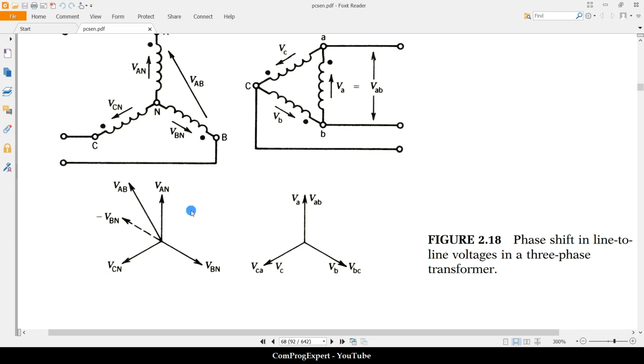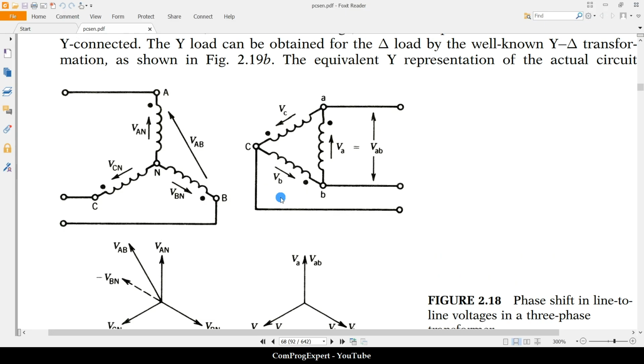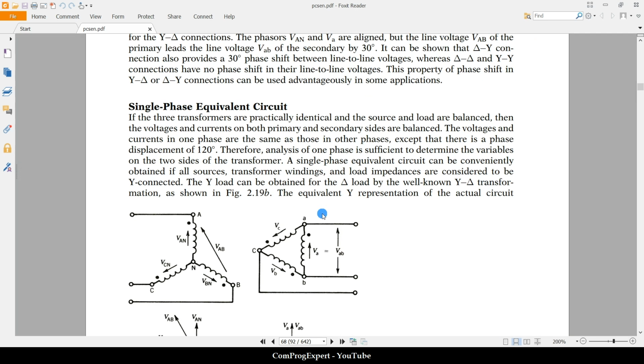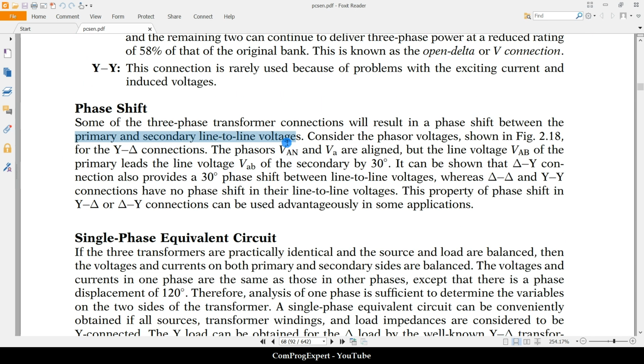Line-to-line voltages are important for three phase transformers. So here you can check this point. The phasors VAN and VA are aligned, but the line voltage VAB of the primary leads the line voltage VAB of the secondary. It can be shown that delta Y connection also provides 30 degrees phase shift between the line-to-line values.